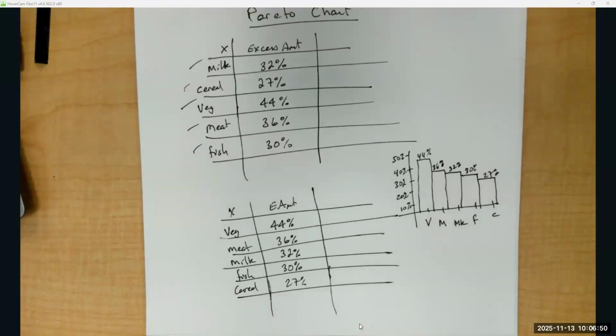Then the question you should ask is why? Why does it matter which direction it's going? Whether you're using a Pareto chart or an ogive, what would be the benefit of one over the other?